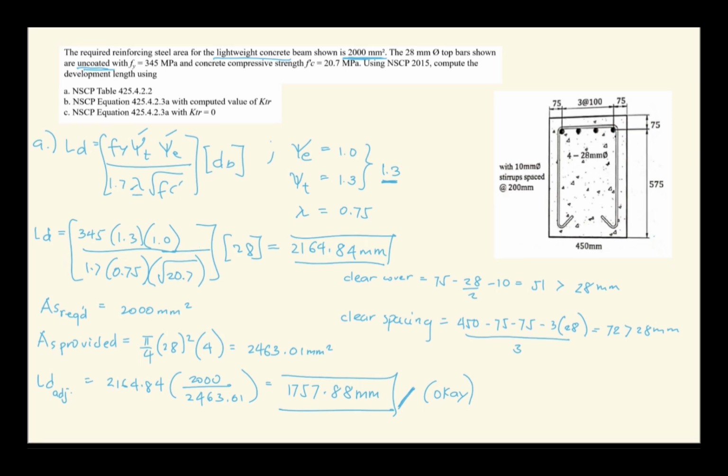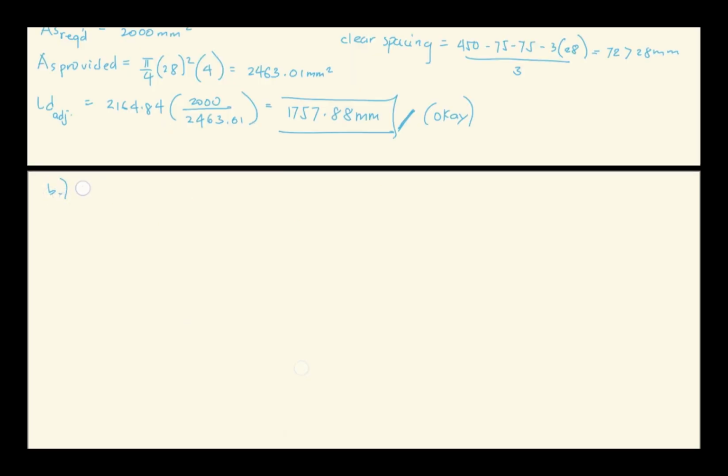In letter B, we are to use the detailed formula for development length, that is with a computed value for KTR. The formula is this.